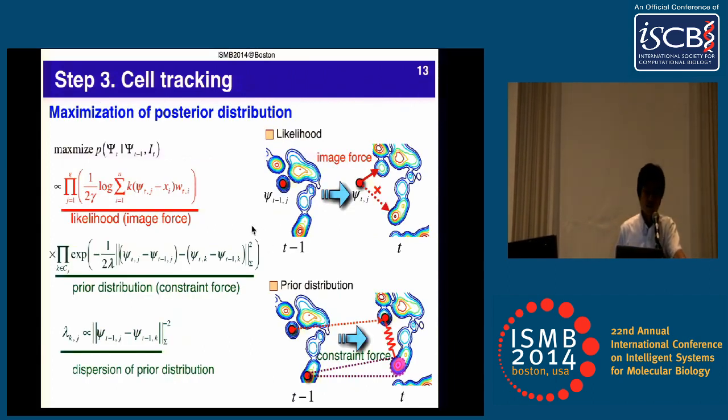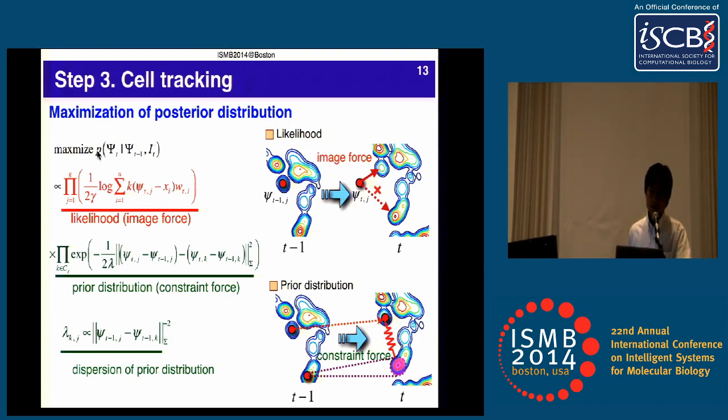This is the objective function of the proposed method. We maximize this posterior probability with respect to the current position of trackers. And we assume the tracker's position at the previous frame and the kernel density function at the current frame are already known.